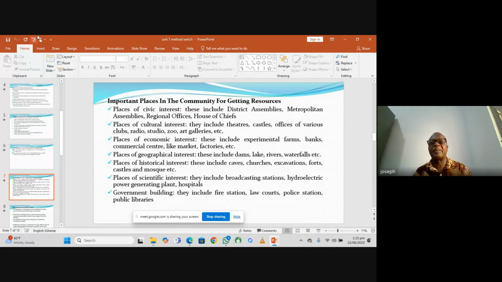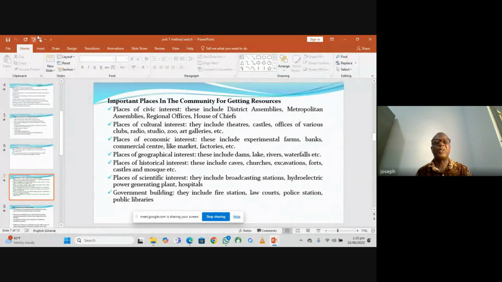We are talking about experimental farms, banks, commercial banks, markets, factories, where economic activities take place. So you know exactly where you are sending your learners when you are organizing an educational excursion or inviting a resource person from that place of interest.